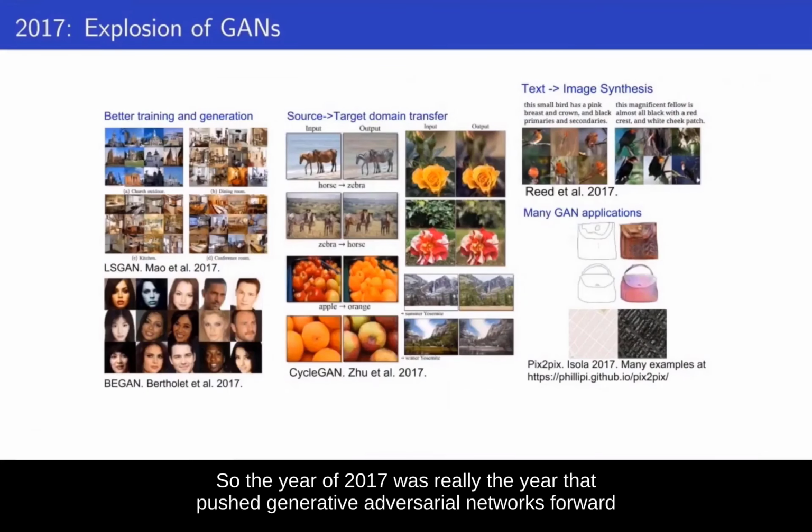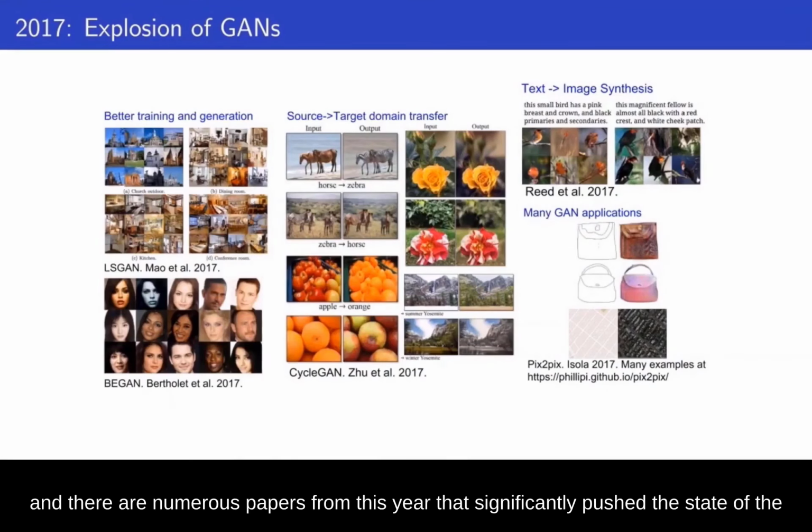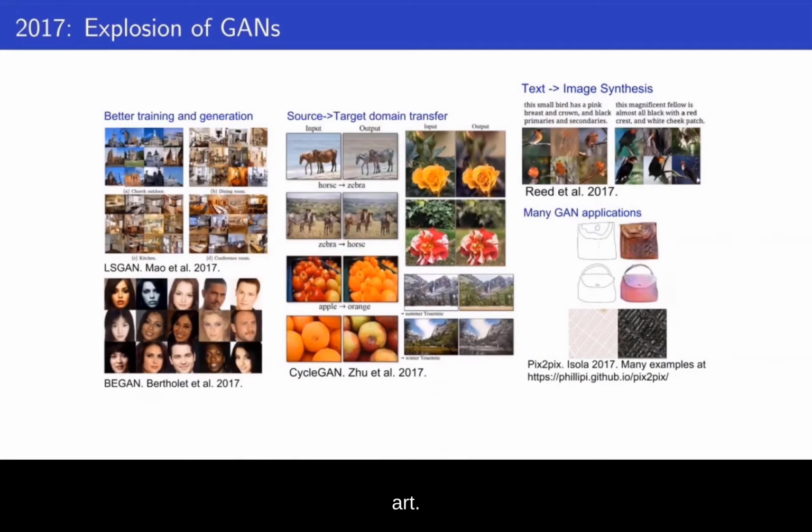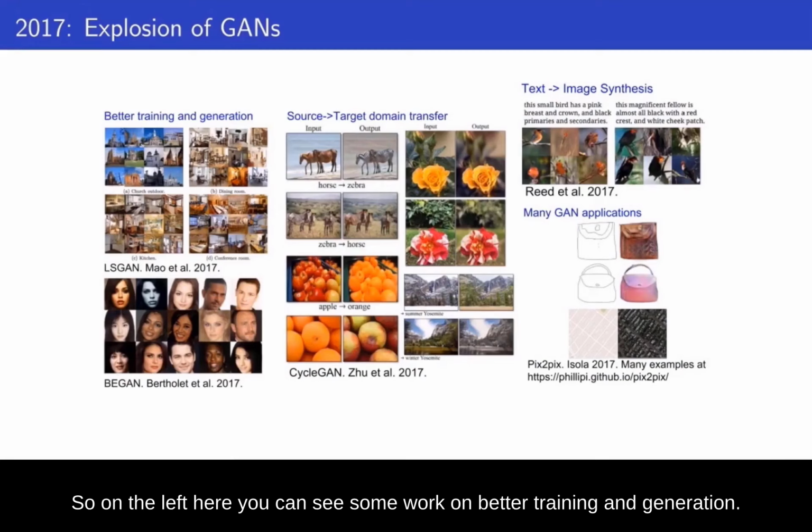All right, so the year 2017 was really the year that pushed generative adversarial networks forward, and there are numerous papers from this year that significantly pushed the state of the art. On the left here, you can see some work on better training and generation, and in the middle we see some work on source to target domain transfer.